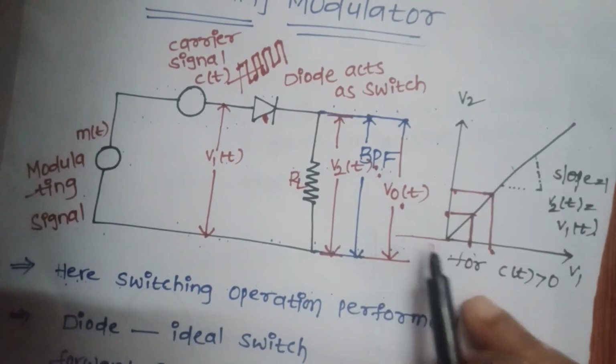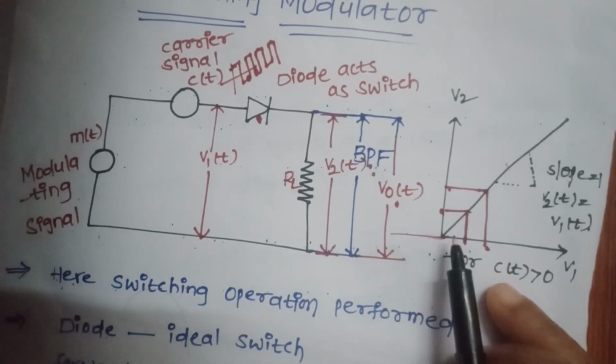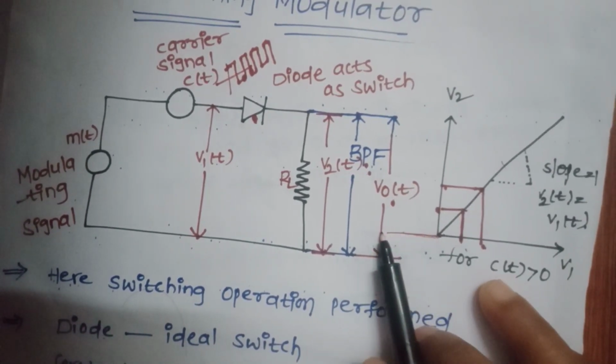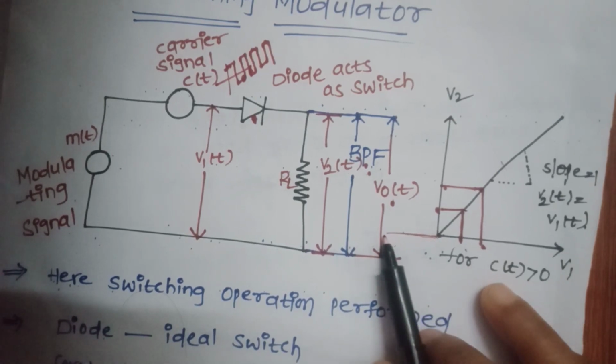Next, in the negative half cycle the diode is not functioning, so v2(t) is 0.